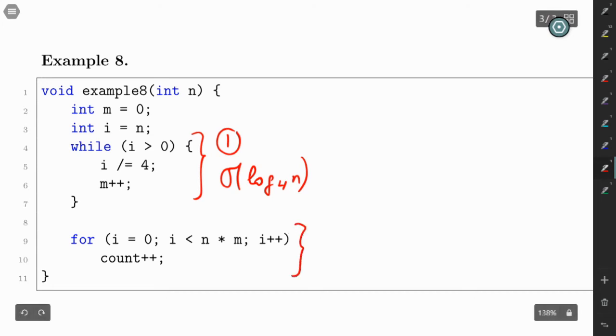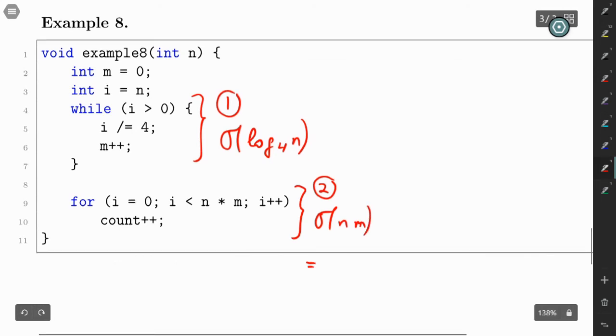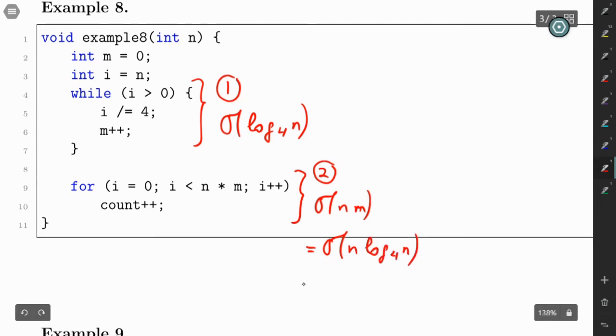So in this case, we're going to have O of n times m, and that is really just O of n log base 4 of n. Once we drop the base, that is O of n log n.